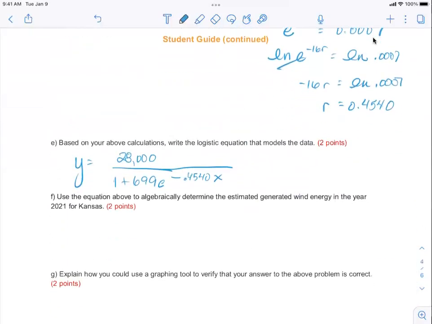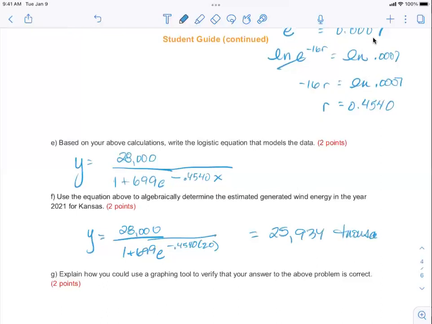So what we're going to do here is say that y is equal to 28,000 over 1 plus 699 e to the negative 0.4540x. This time x is equal to 20 because the year 2021 would be 20 if time equals 0 at 2001. When we use our calculator, we get 25,934,000 megawatts.